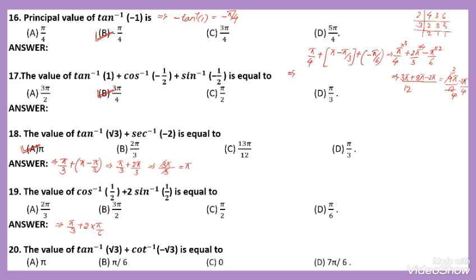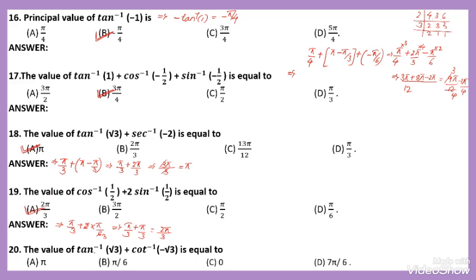First I have to take the multiplication. 2 ones are 2, 2 3s are 6, then you will get pi by 3. Here there is a pi by 3, pi by 3. The values are same, the bases are same. Here pi plus pi, 2 pi by 3. The option number 1 is correct.